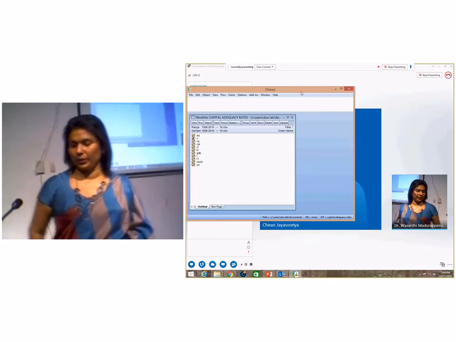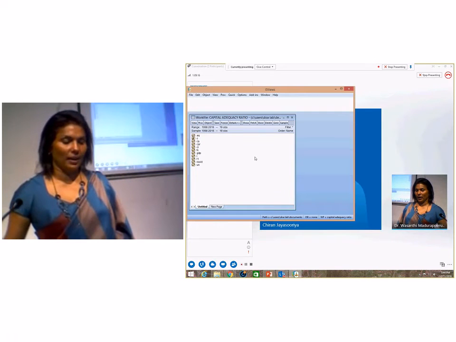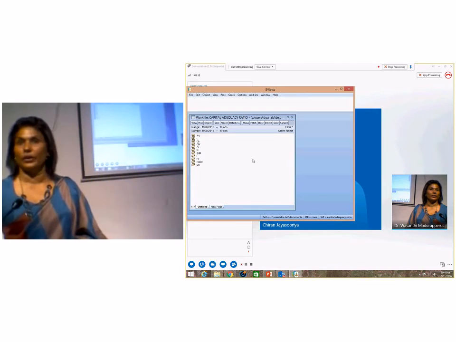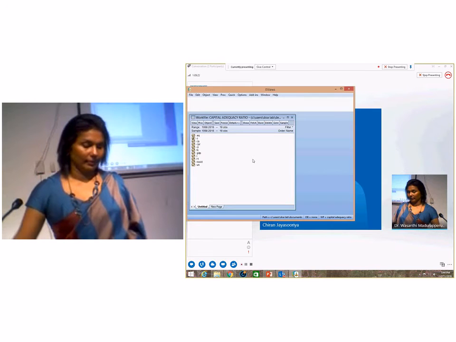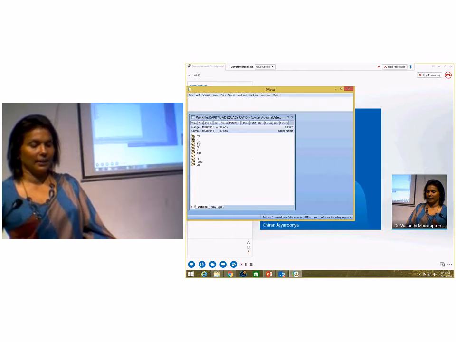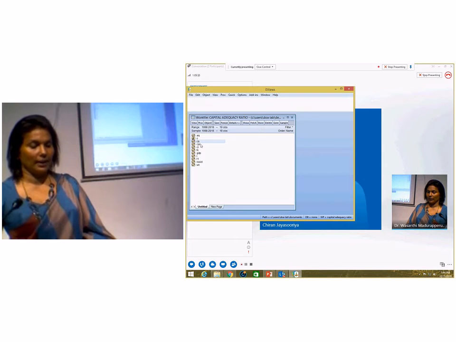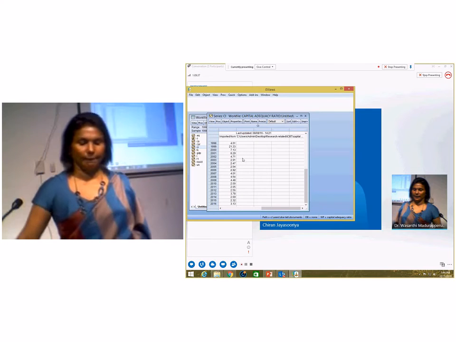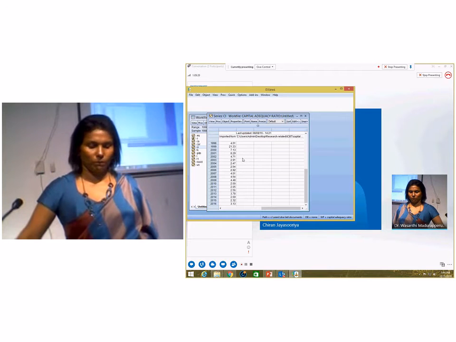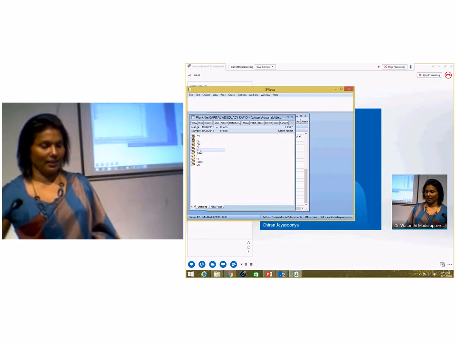Right, now what you need to do is, there is a data file, capital adequacy ratio. Right, those are the time series data. Here, this is the capital adequacy ratio. I can't remember the name of the variable.